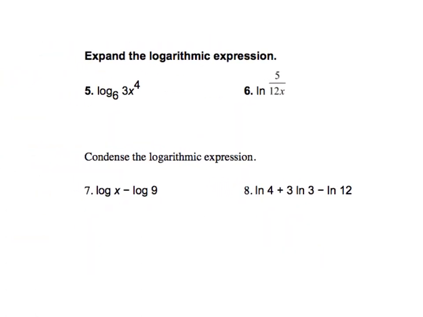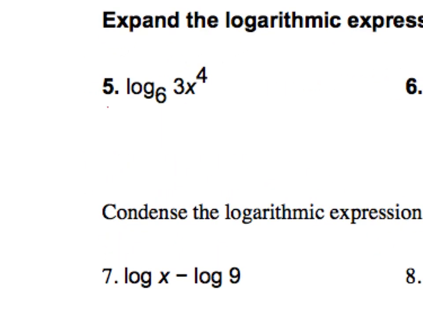So let's just look at a couple more examples of expanding and condensing. If we had log base 6 of 3x to the fourth, okay, again, this time we are expanding it. It is already condensed, so we're expanding it back out. First thing I would say is, okay, I've got multiplication, so I would have log base 6 of 3 plus log base 6 of x to the fourth.